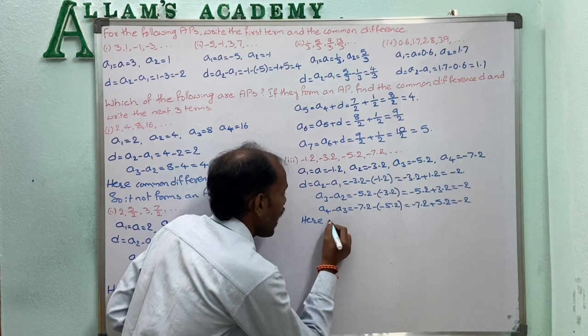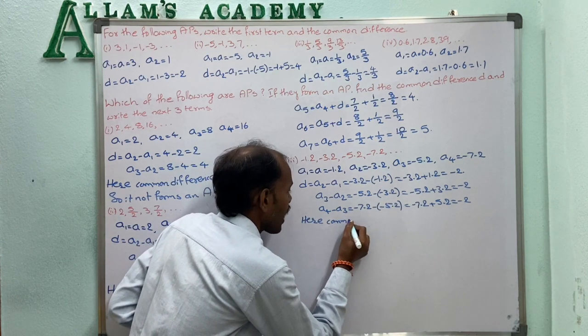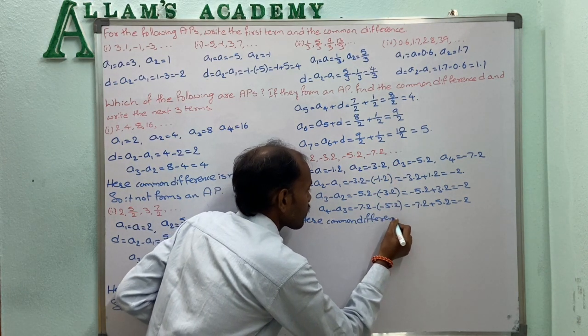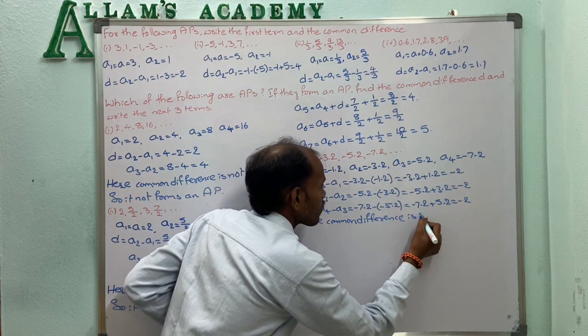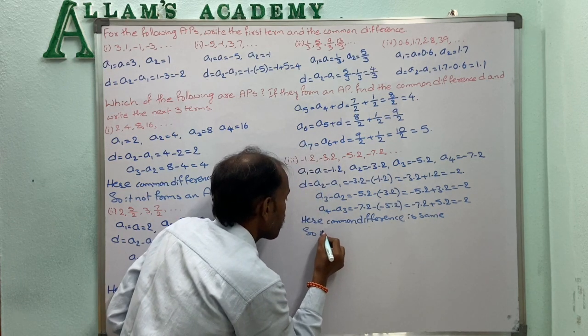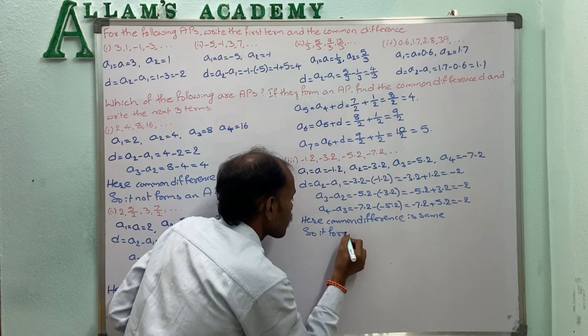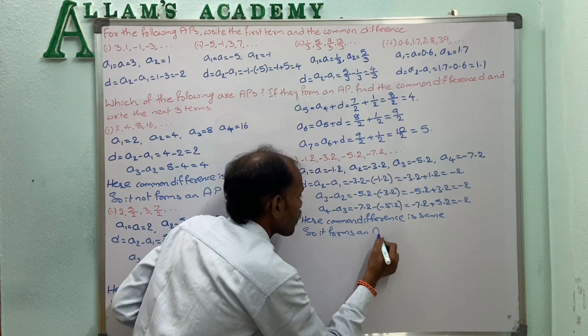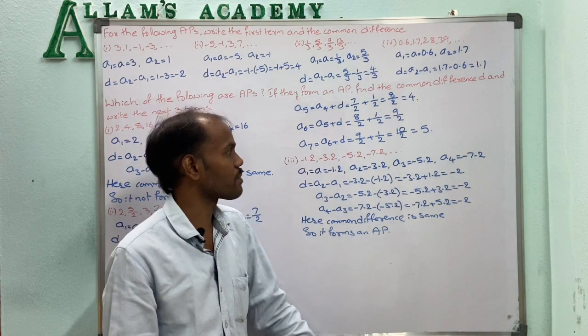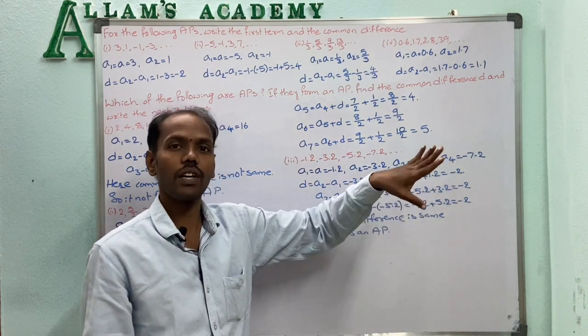So it forms an AP, since the common difference is the same. We are asked to find the next 3 terms, given up to the 4th term.